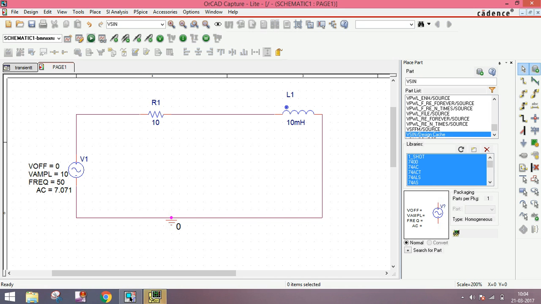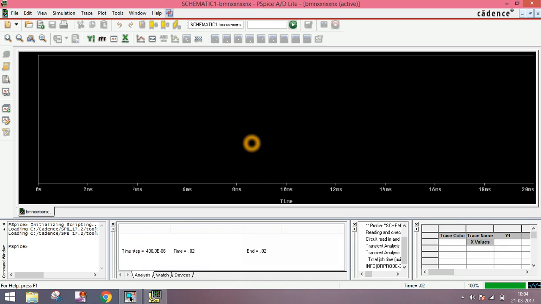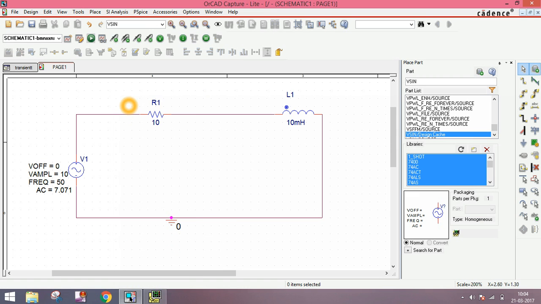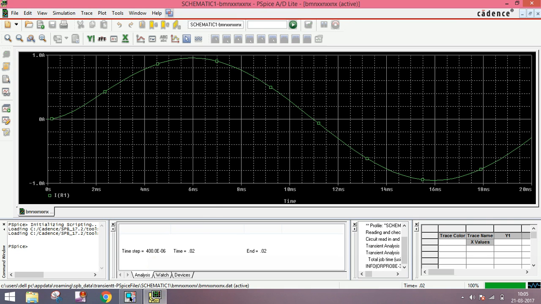Now place a marker, place a current marker here, and here you can see one cycle of current.